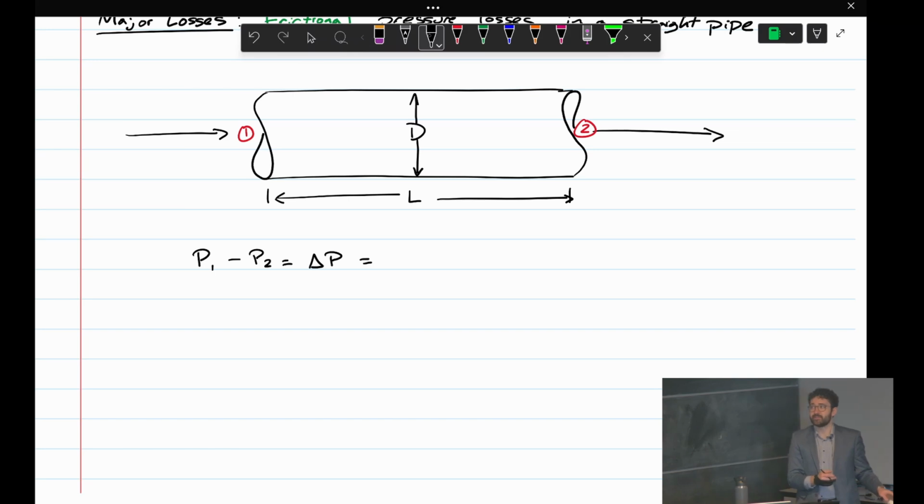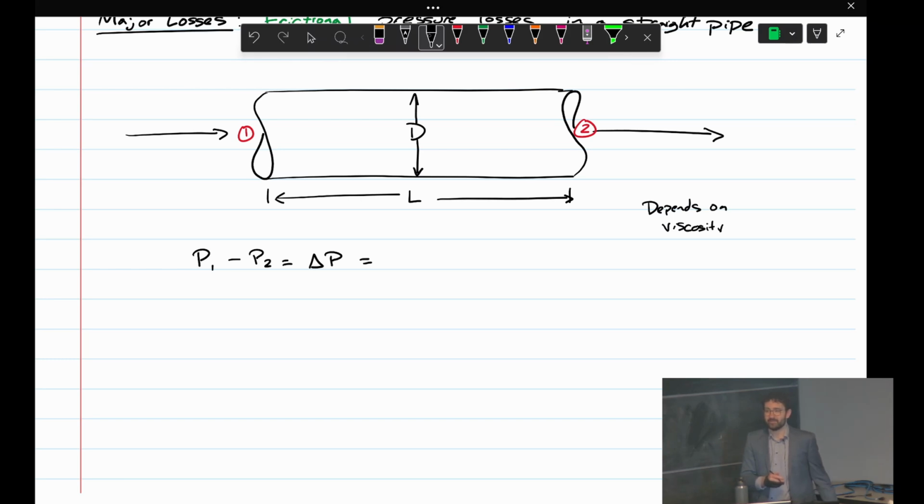Maybe you guys can help me brainstorm. What do you think this frictional pressure drop would depend on for a real engineering flow? Viscosity, yeah, that's true. If we have a highly viscous fluid, we should expect a higher frictional pressure drop.